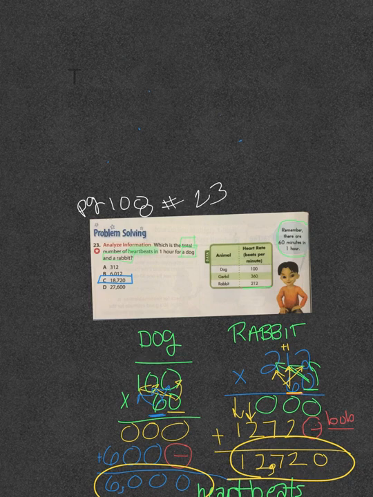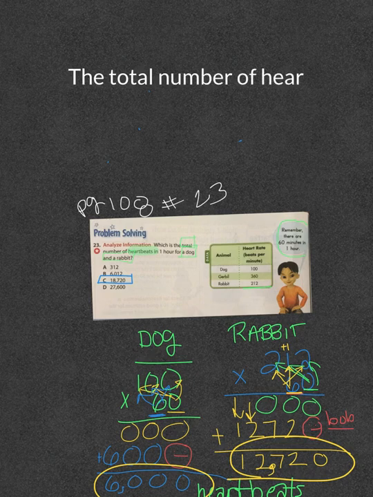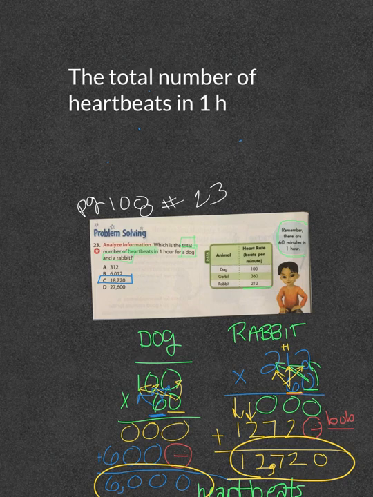Well, I guess we'll make a different color, huh? There. The total number of heartbeats. The total number of heartbeats in 1 hour of a dog and a rabbit.